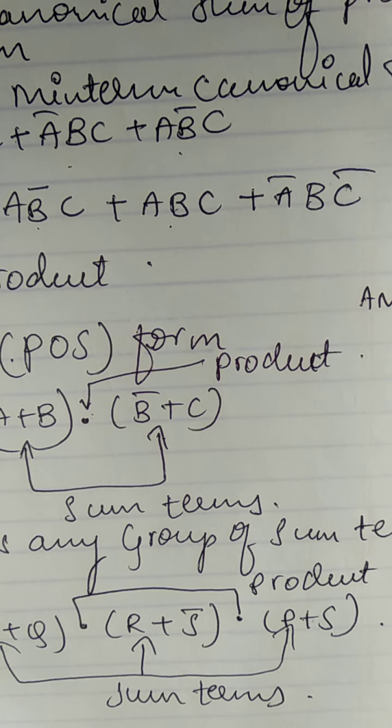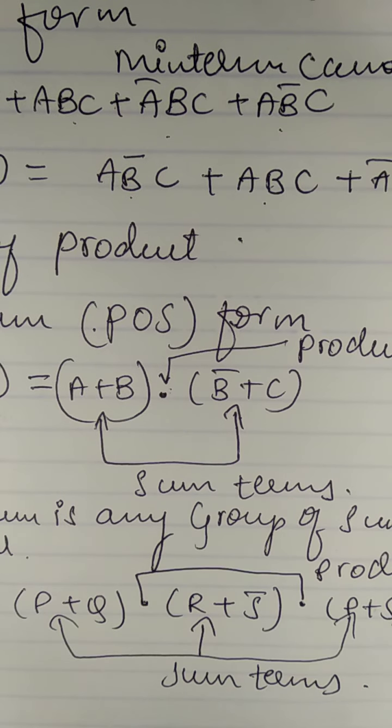Each of these product of sums expressions consists of two or more sum terms, that is, OR gates, that are ANDed together.